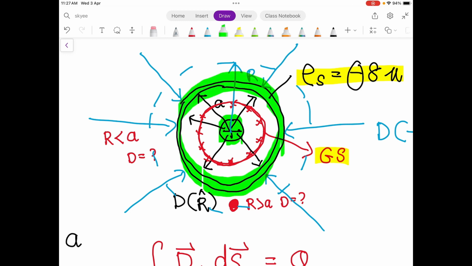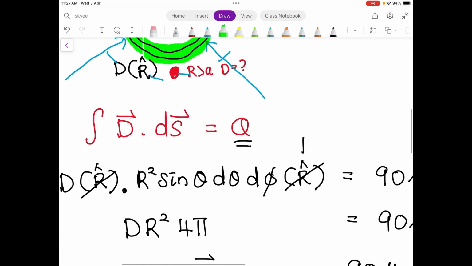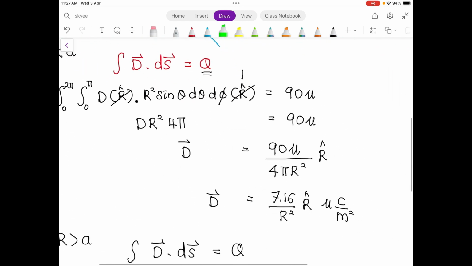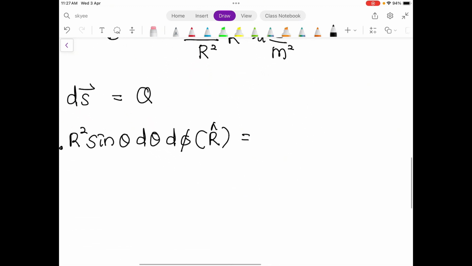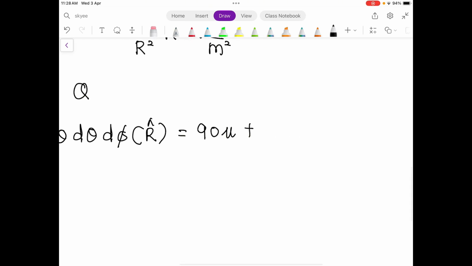So we need to put them both here. It will equal the summation of 90 microcoulombs and the charge from the spherical shell. So you need to perform these operations.